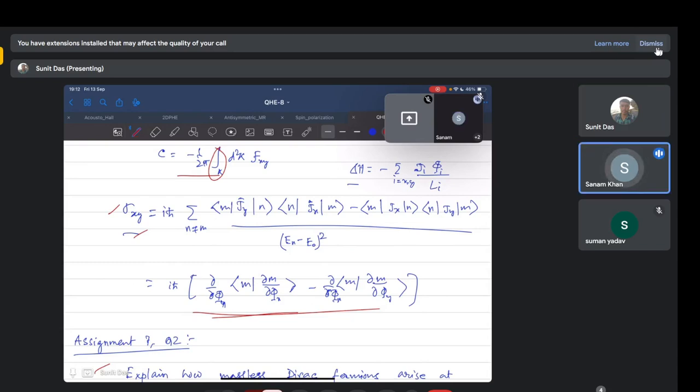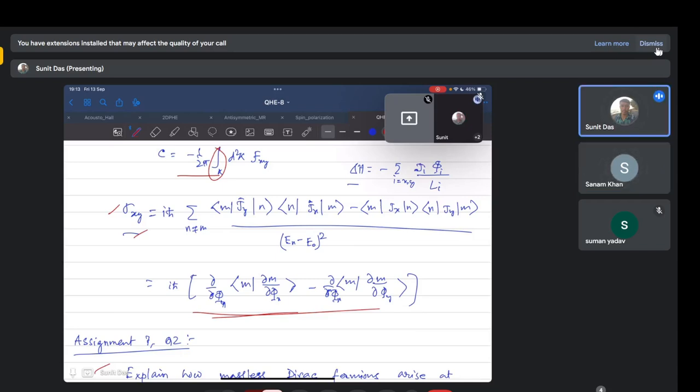Okay, and one more question. As we have seen while solving for this Laughlin pump, the wave function was considered to be of the form e to the power minus mod z square divided by 4 l_B square, which comes if one considers the symmetric gauge.